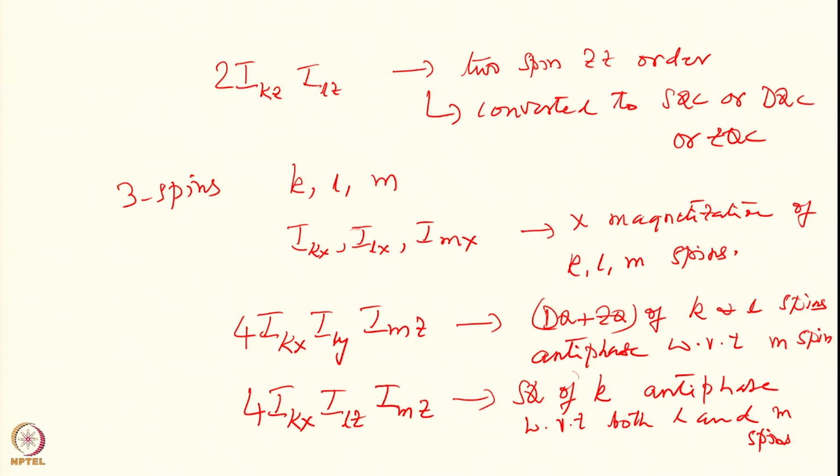So, if you have such a term, let us take for example IKX. Now, in the 3 spin system, how will the IKX look? The 3 spin system is like this. I have the K spin, L spin, M spin, and there is a J for each one of those, J1, J2, J3.